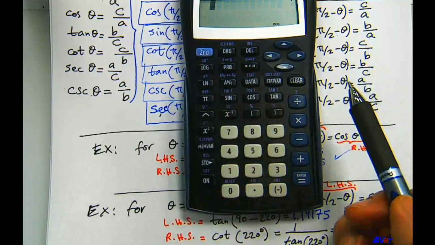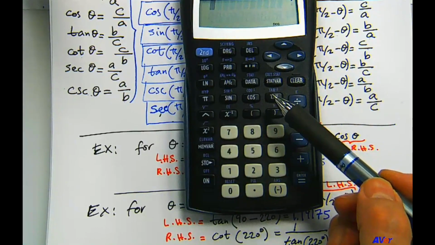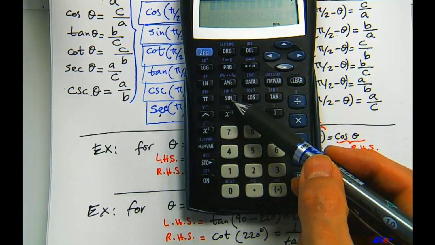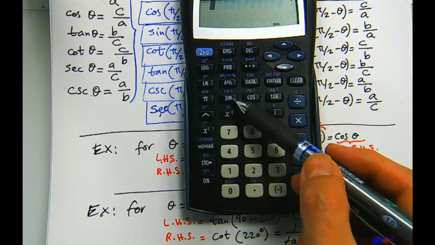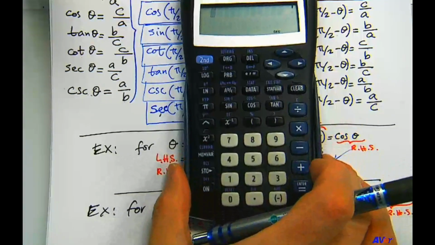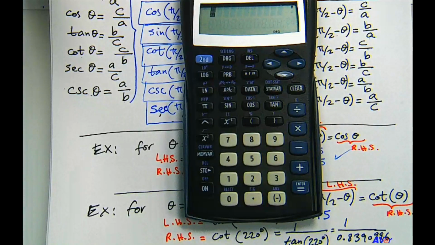Why do you think that is? Well, you know that the cosecant function is the reciprocal of the sine function. So if you are interested in calculating the cosecant of any angle, you simply calculate the sine of it with this button, and then you take the reciprocal of it with this button, and you have the measure of the cosecant. By the same token, there is no secant button on this calculator.